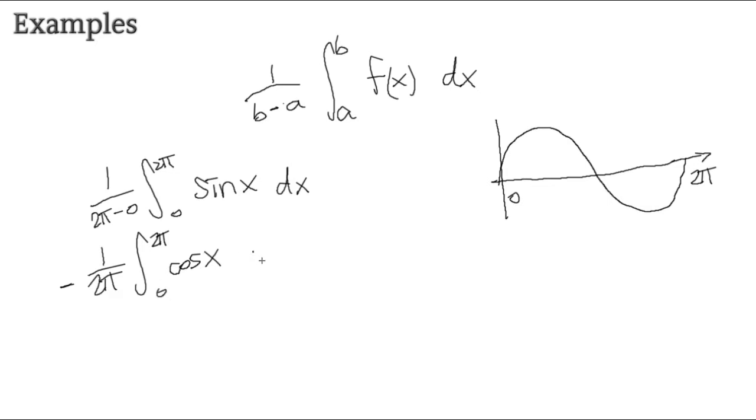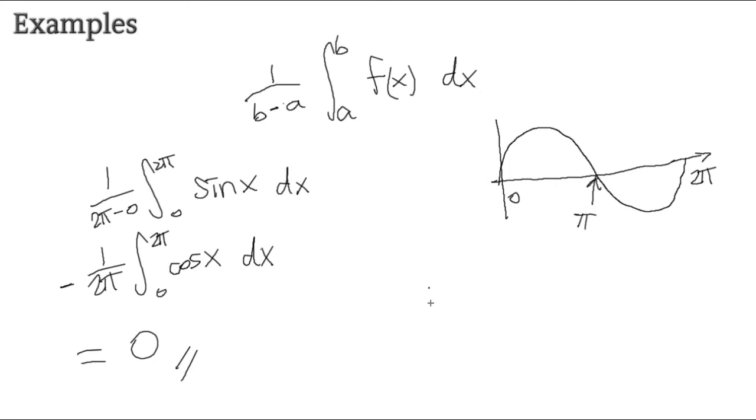When we put in 2 pi and 0 into cos, we get 1 take 1, which gives us 0. Very straightforward.